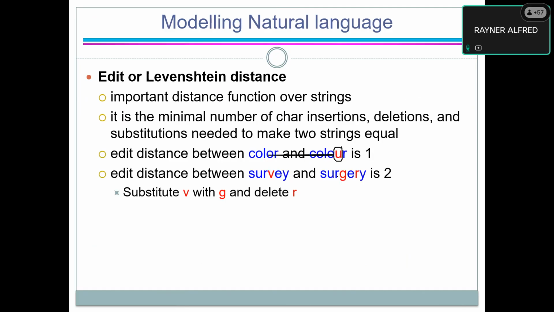And for this one, we have two operations: one is to substitute V and G, and one is to delete R. So two operations, this is one and second. So the edit or Levenshtein distance refers to the number of changes we need to make in order to match the terms. This is used to represent the distance between two different terms.